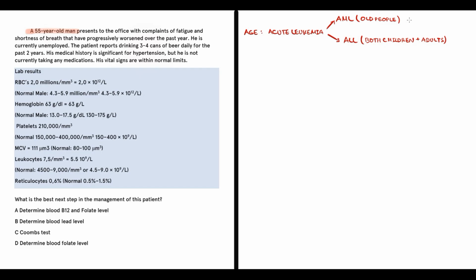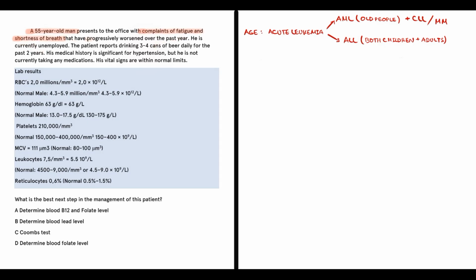So if you see that a child has acute leukemia, you can straight away guess that it's acute lymphoblastic leukemia. Also, we have disorders such as chronic lymphocytic leukemia or multiple myeloma, which affect mostly old people. So, the age of a patient sometimes can be very useful.